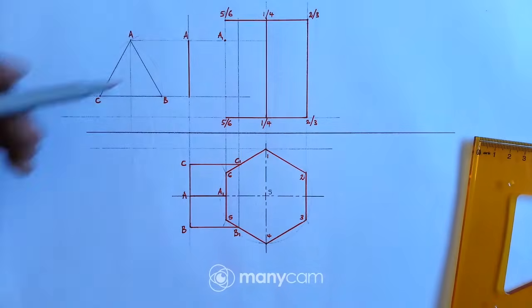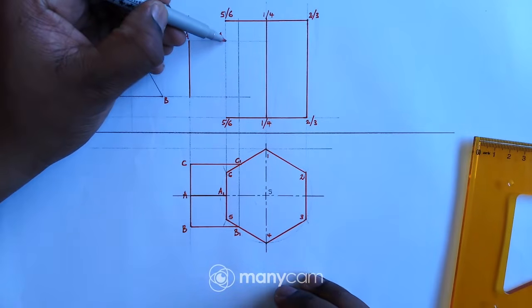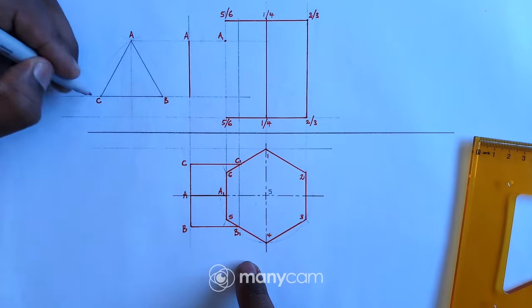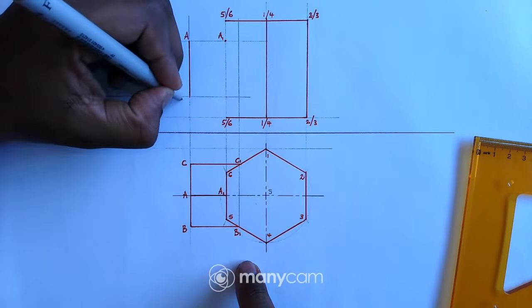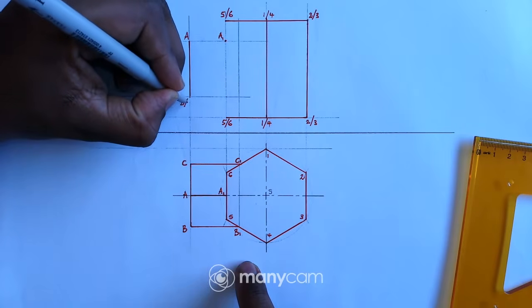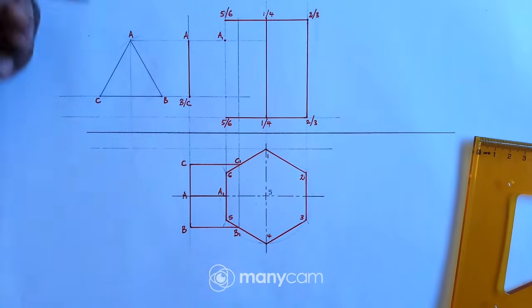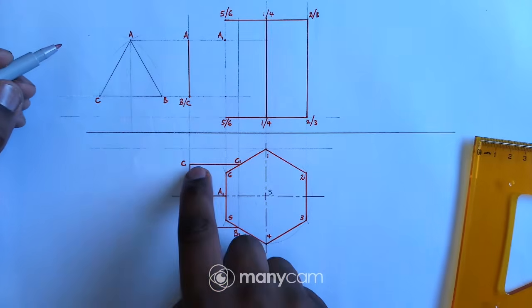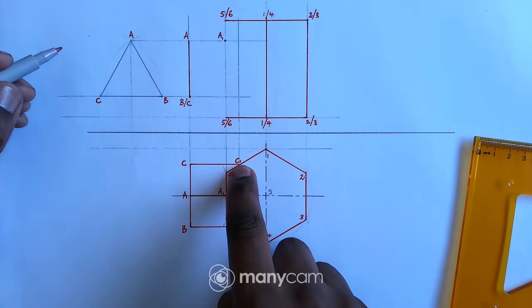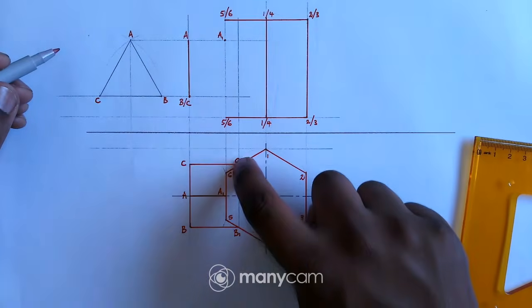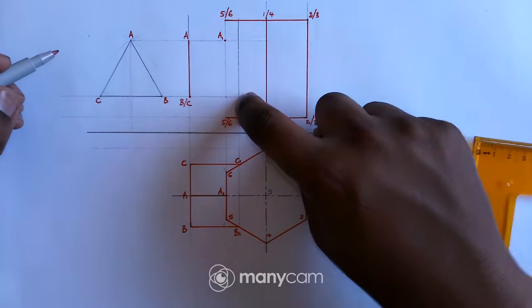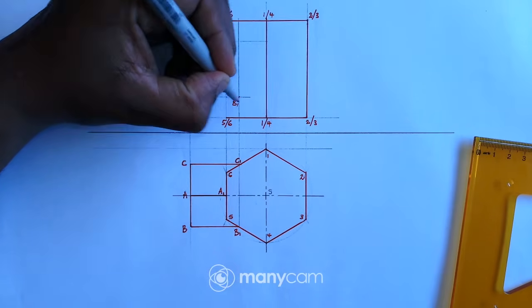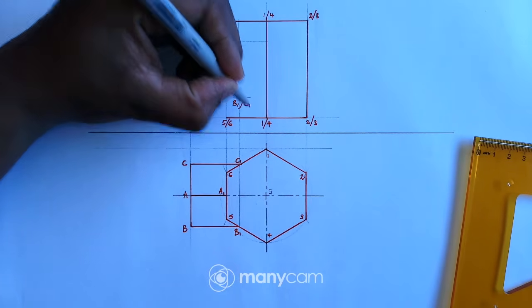Okay, so I have A1 there, right? Then here I have 2 points, it's B and C. Remember, for B we have B1 there, and for C we have C1 there. So they are on the same line, there's 2 points, so C1 and B1 they are here.